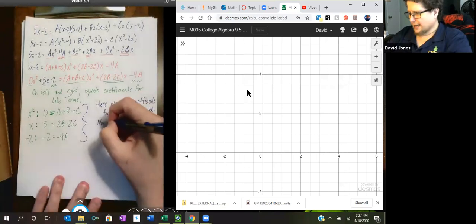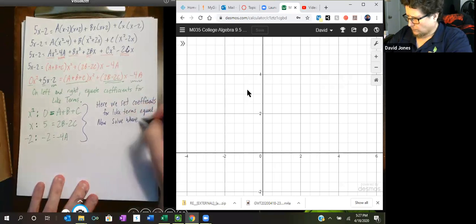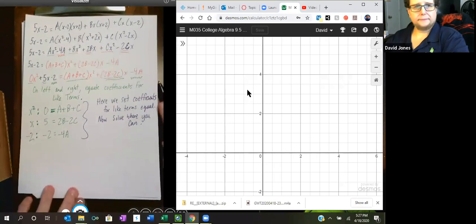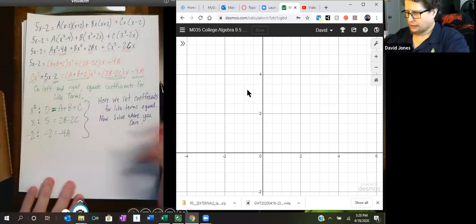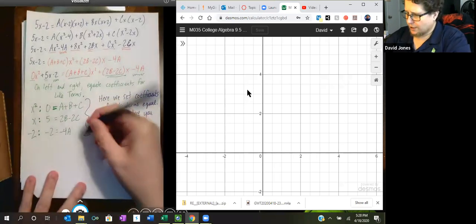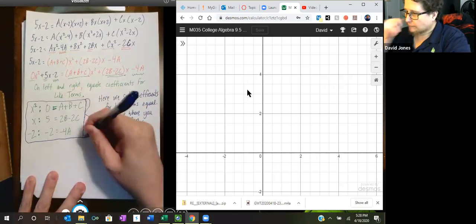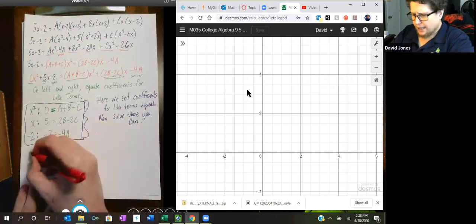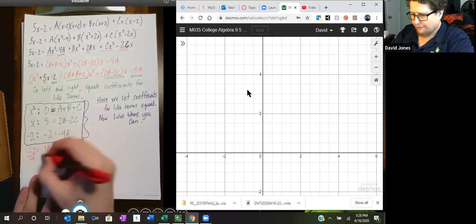Now solve where you can. The bottom one's pretty easy. So I'll put a little box around this. We're going to use this. These are the ones we started with. So negative 2 equals negative 4A. We divide by negative 4.